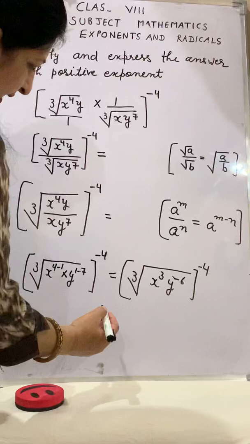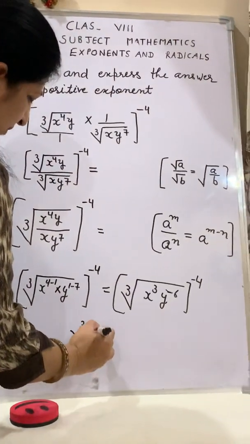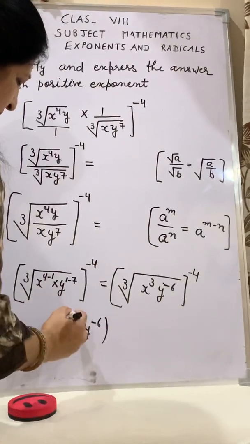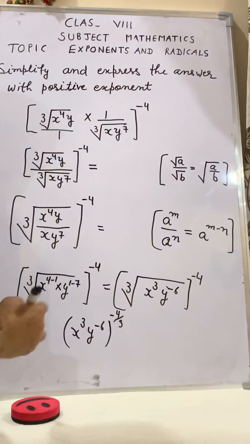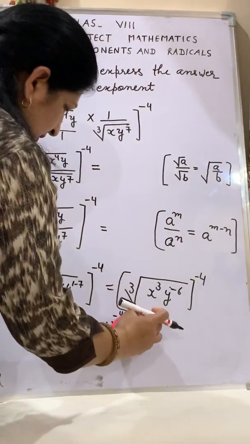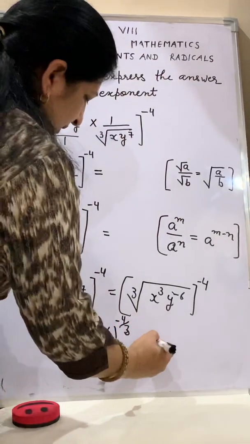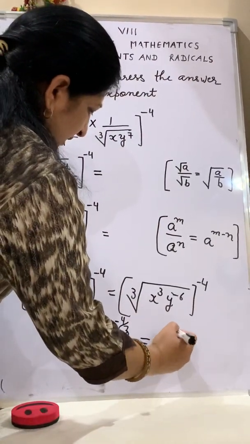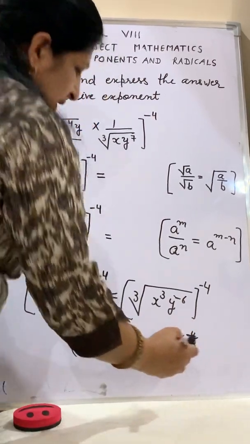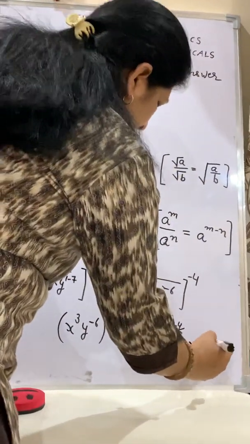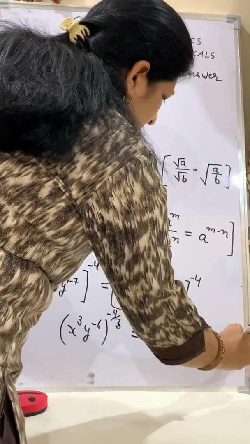So we will write x raised to power 3 y raised to power minus 6, whole power is minus 4 by 3. Next step, x raised to power 3 multiplied by minus 4 by 3 and y raised to power minus 6 multiplied by minus 4 by 3.